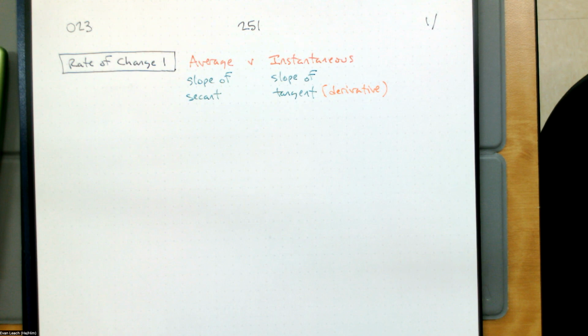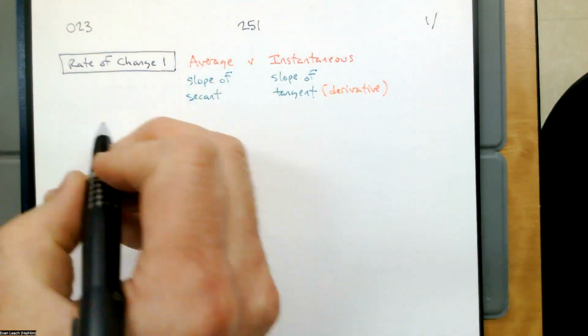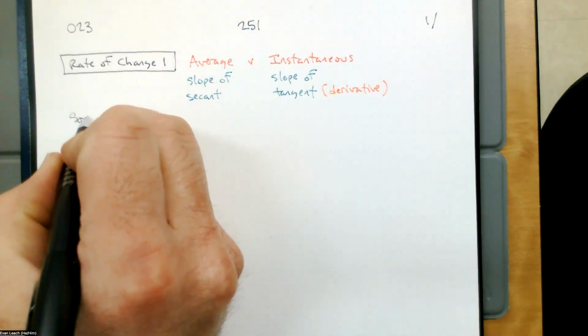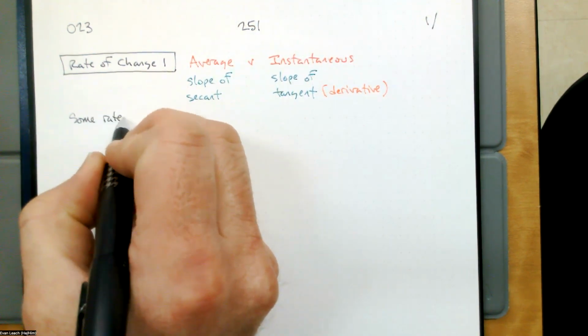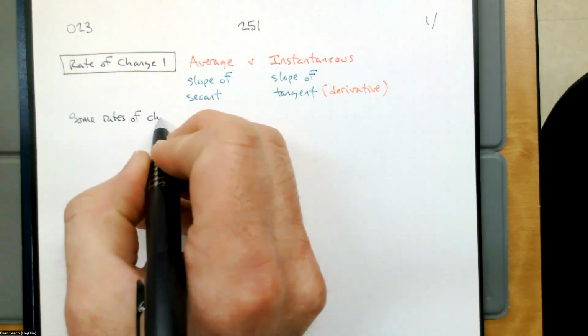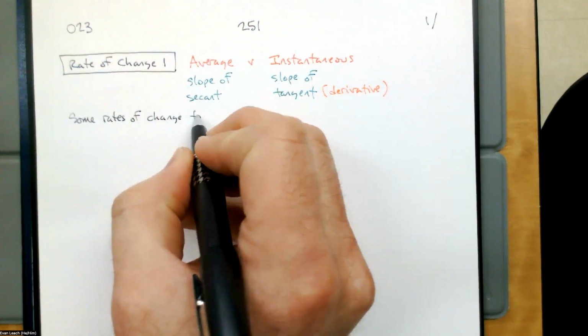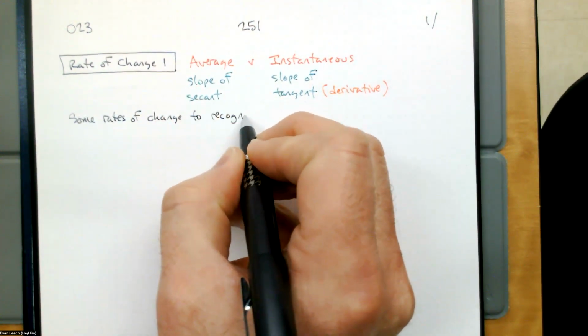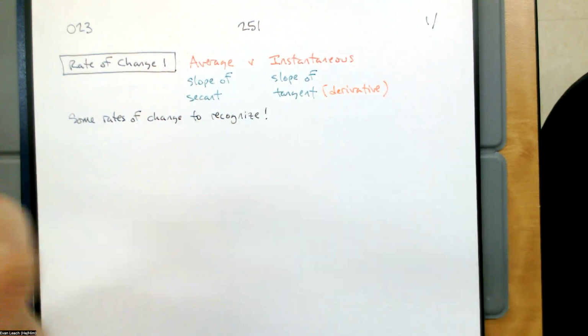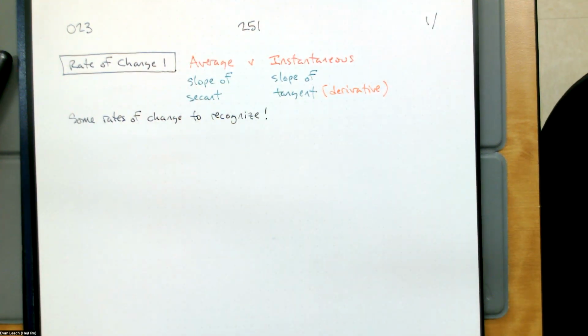I want to talk about today some common, easily identified rates of change. There are some functions that are defined by their rates of change. We like to classify functions in a lot of different ways.